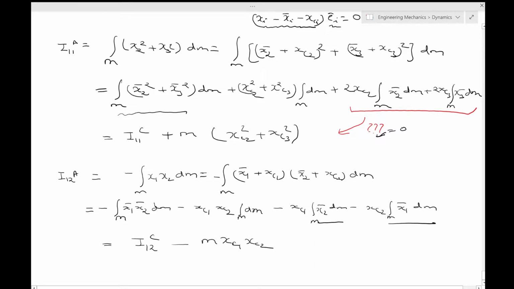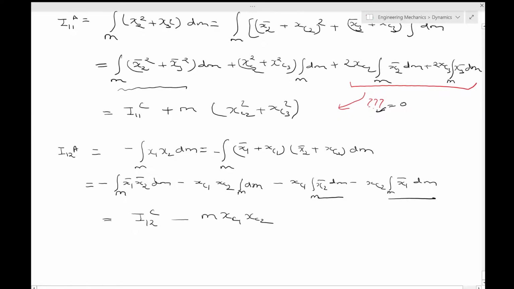Okay, now just keep on repeating this. In fact, you should do at least a couple more, say I22 and I23 or I33 or I31, just to see that you get all of it. So I'll write all these answers together. Now what I'm doing is I'm trying to write each of these components of the inertia matrix at A in terms of what is known at C.